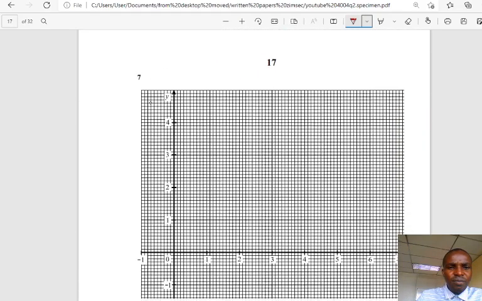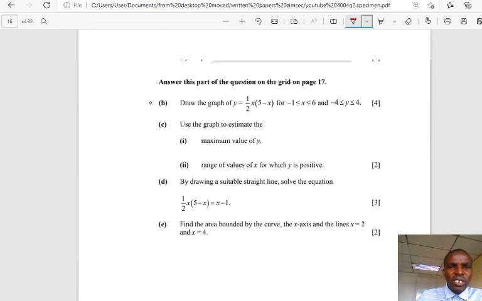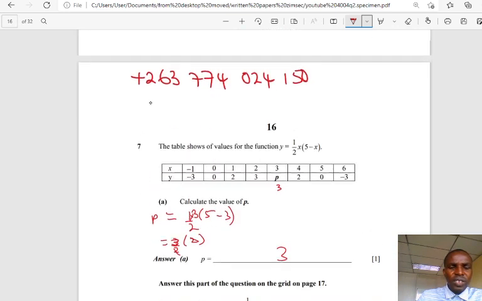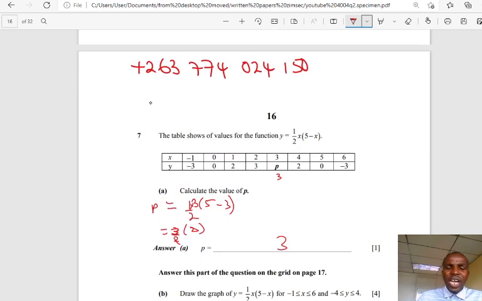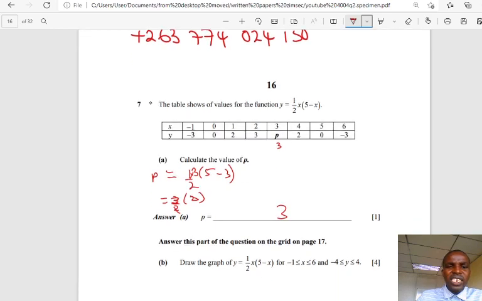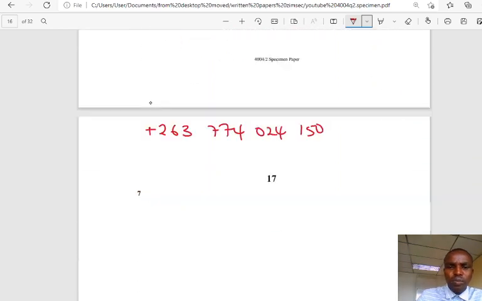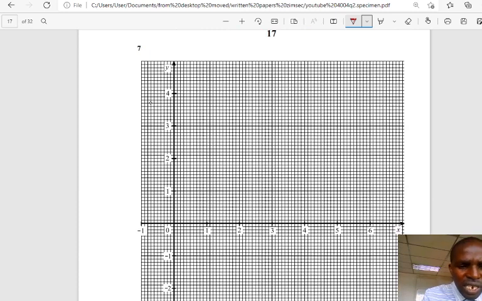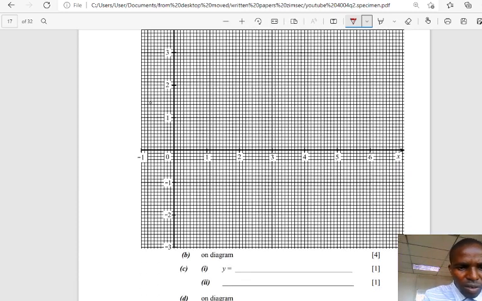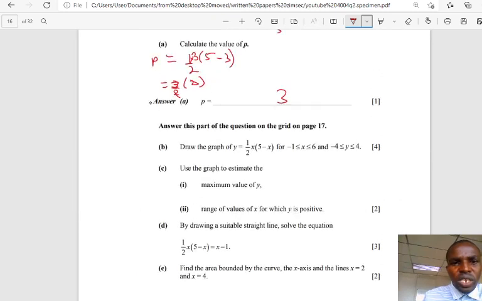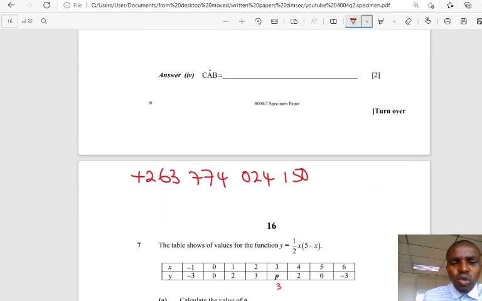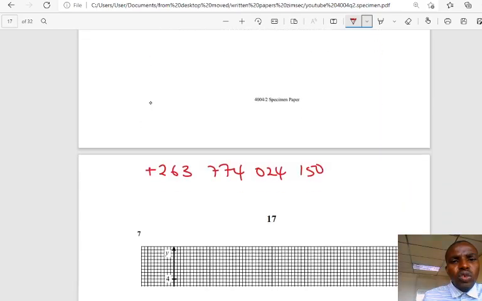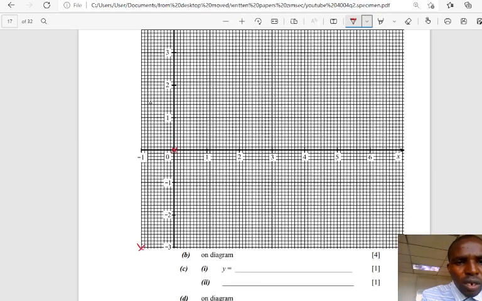Let me go right away to avoid wasting time here. The table of values is here. So x is minus 1, y is minus 3. Then 0, 0. Then 1, 2.